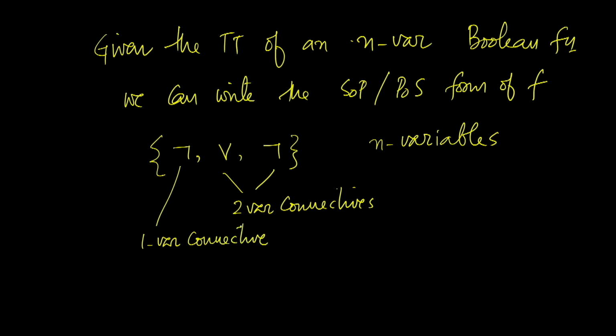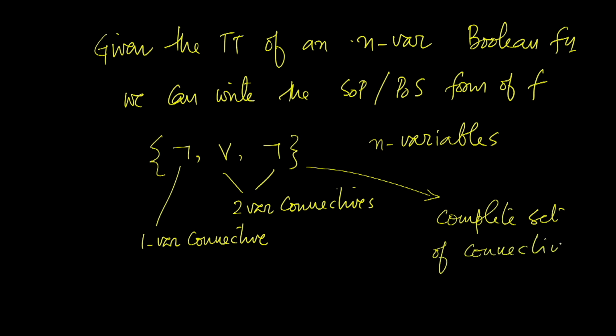Since every Boolean expression, irrespective of the number of variables in it, can be expressed using these three Boolean connectives, we say that this set is a complete set of connectives. That is, these three connectives are enough to express any Boolean expression.